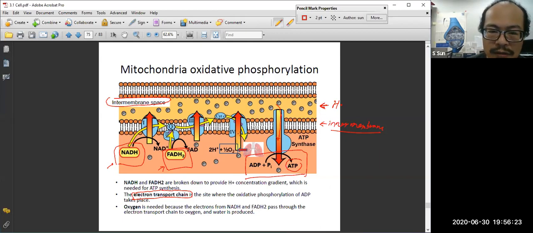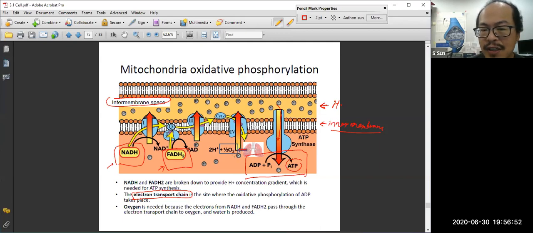With this one though, we will need oxygen. The reason is that when they contribute this hydrogen, they also release an electron. So the electron will pass through this electron transport chain and be reduced by the oxygen from our breathing.